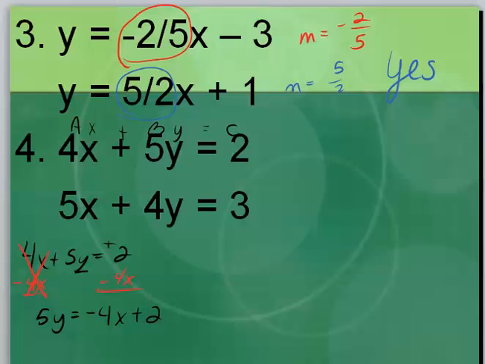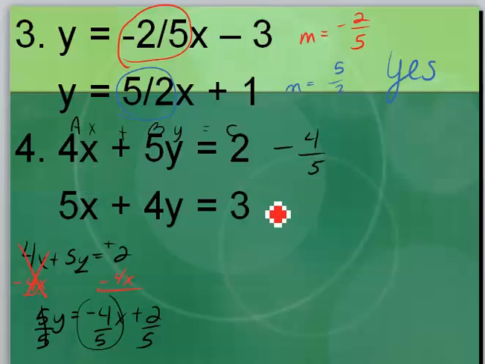To get y by itself, we're going to divide by 5. Remember, every term, everything that's separated by an equal sign, a plus or a minus, gets divided by 5. So our slope for the first line is what's left sitting in front of x. It's -4/5. There's also a shortcut method from standard form.